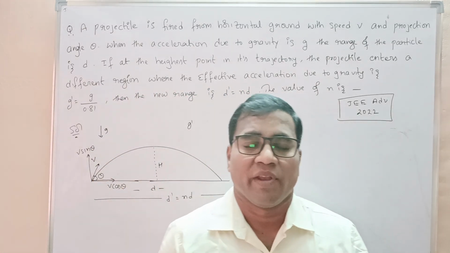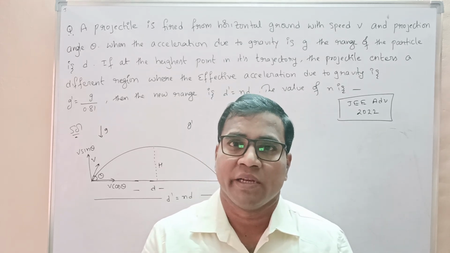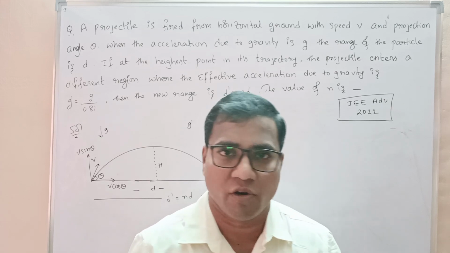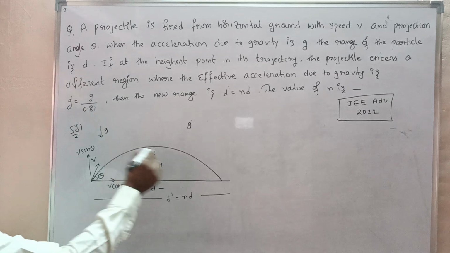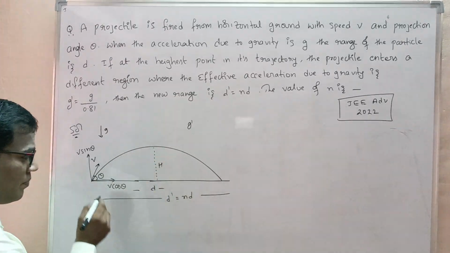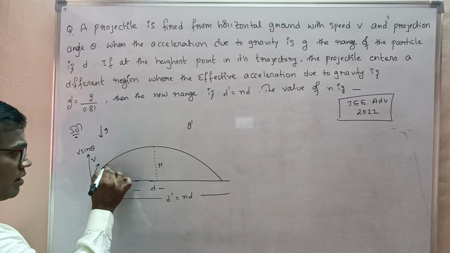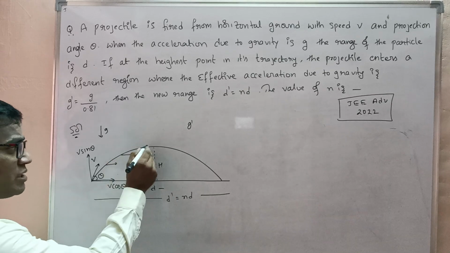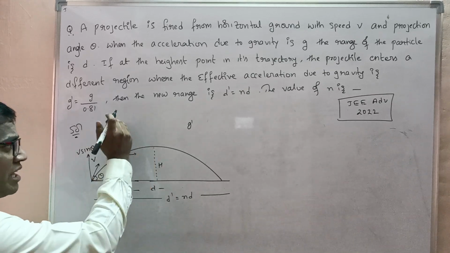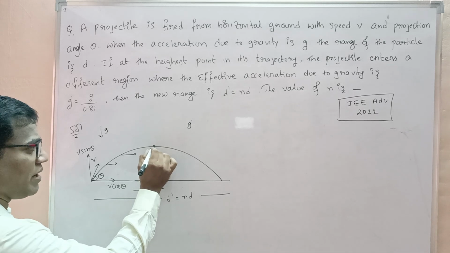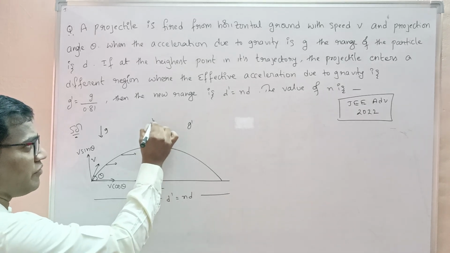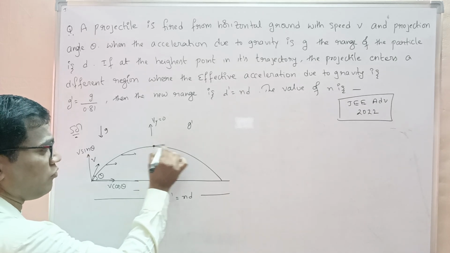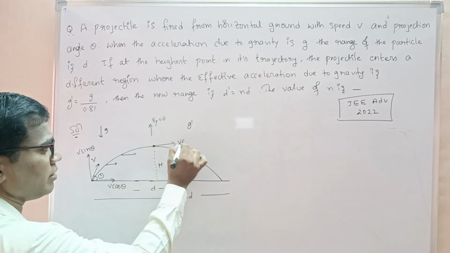We know that when a body is projected, the horizontal component of velocity remains constant, which means throughout the projectile motion the horizontal component v cos theta remains the same. While it is moving to the maximum height, the y component velocity keeps on decreasing, and at the maximum height, the y component velocity vy is equal to 0, and at this point the projectile is having only one velocity, that is v cos theta.